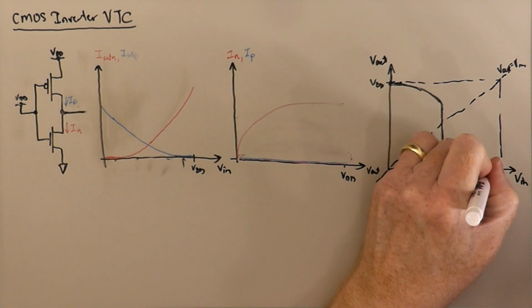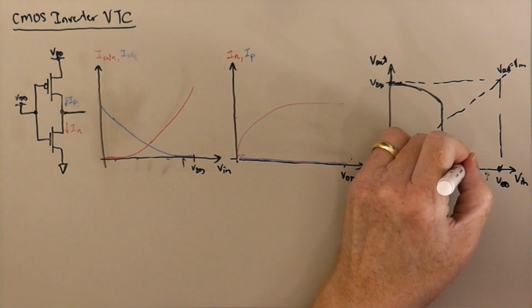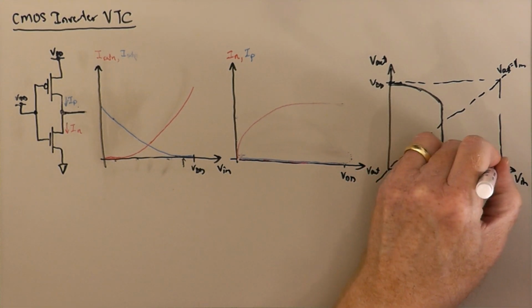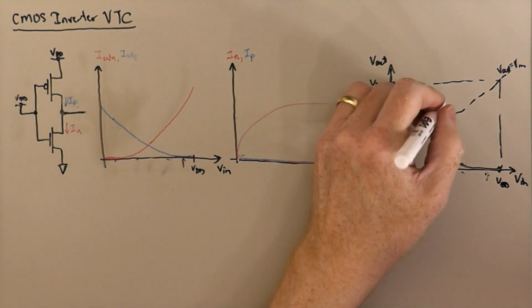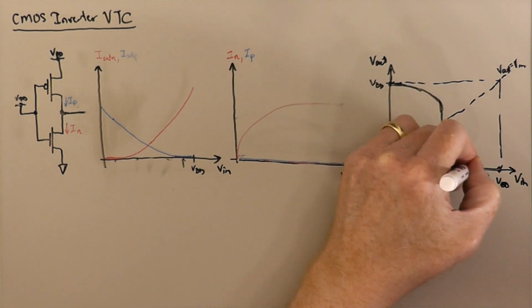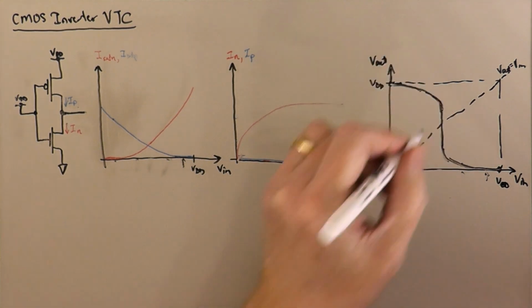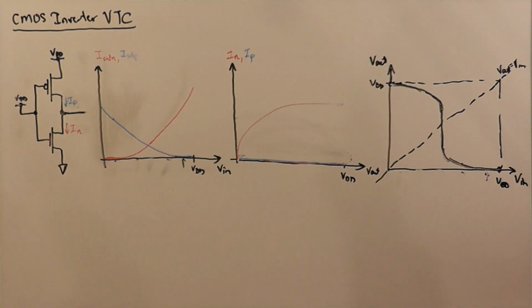So that might be up here. And so we're going to get a characteristic that looks something like this. And we saw this in the simulation tutorial that I posted last Tuesday in advance of lab.